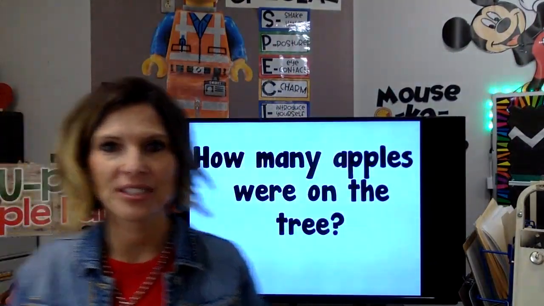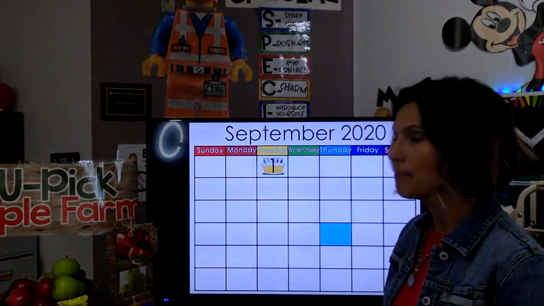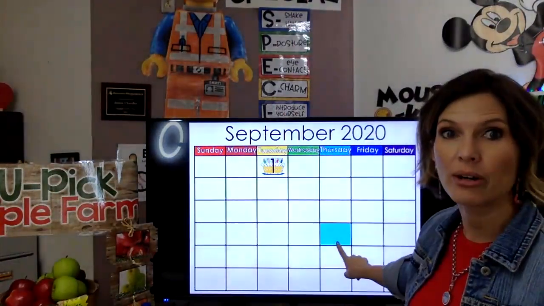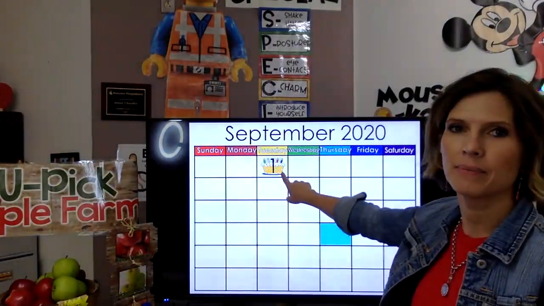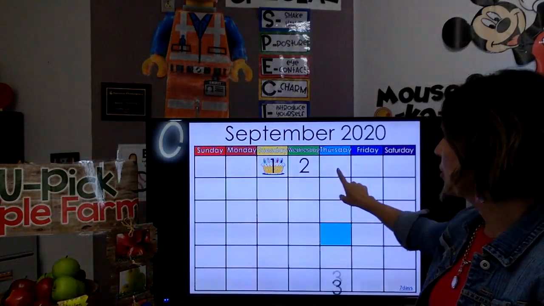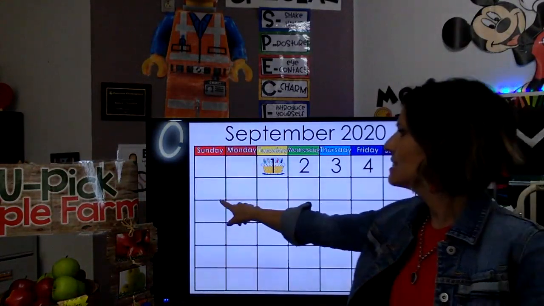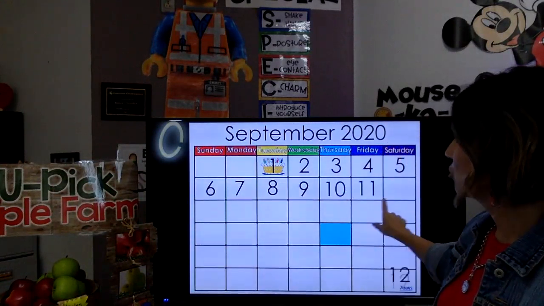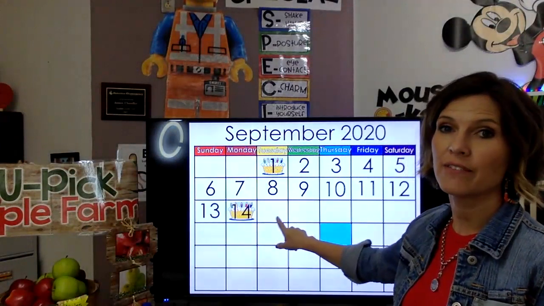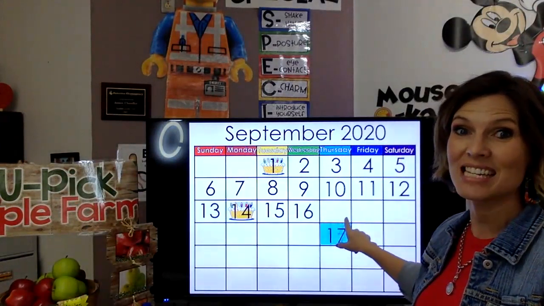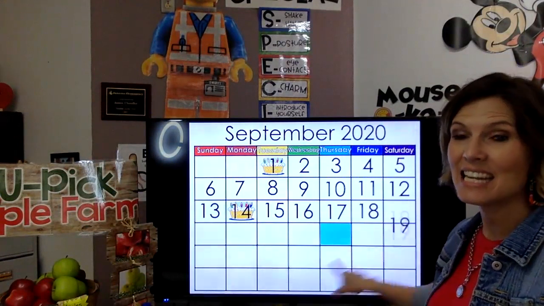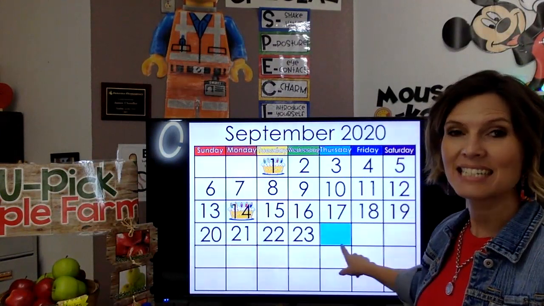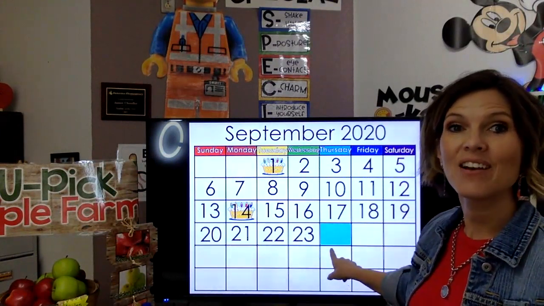All right, let's look at the calendar for today. It is the month of September. It is September 2020. And let's count up to the blue square. Are you ready? Starting at 1. Count with me. 1, 2, 3, 4, 5, 6, 7, 8, 9, 10, 11, 12, 13, 14, 15, 16, 17, 18, 19, 20, 21, 22, 23, and today is 24.